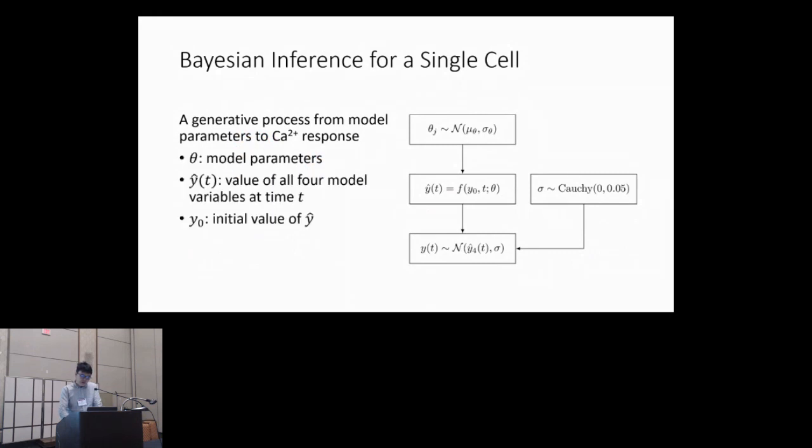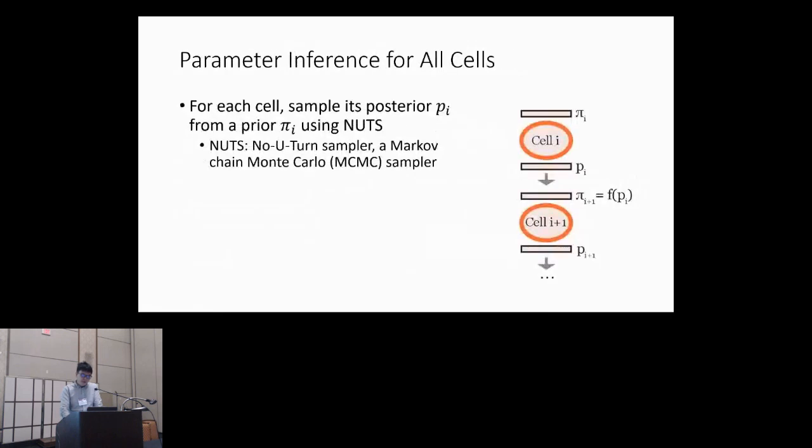The value of all model variables is determined by an initial state, the current time, and the model parameters. The observed calcium trajectory is a noisy version of the actual calcium response. For each cell, we sample its posterior π from a prior π using NUTS. NUTS is the acronym of no U-turn sampler, which is a Markov chain Monte Carlo sampler.